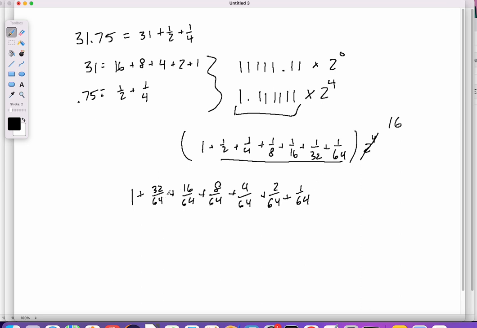If I add all of these up, 32 plus 16 is 48, that's 56, that's 60, that's 63. So that's 1 and 63 over 64. Okay, and this whole thing is times 16.